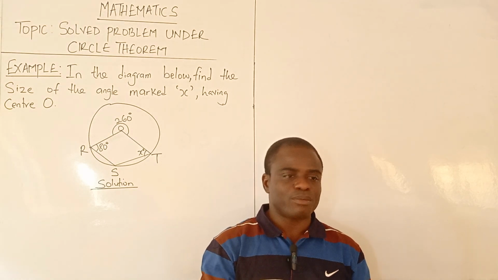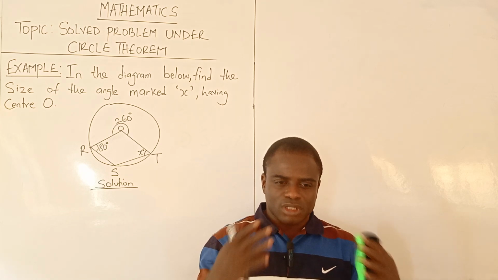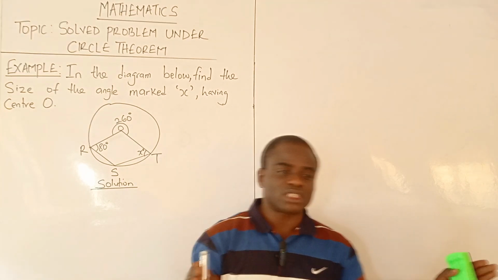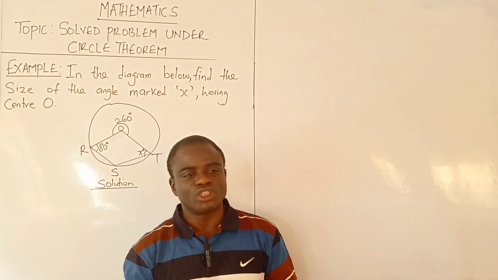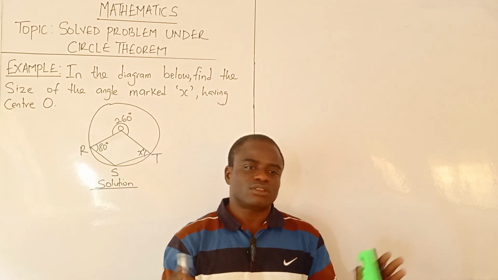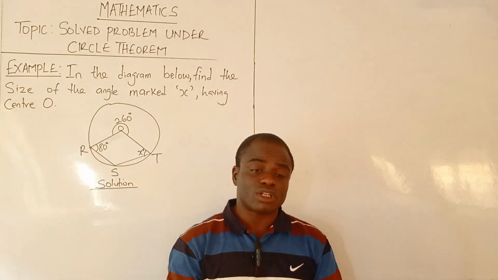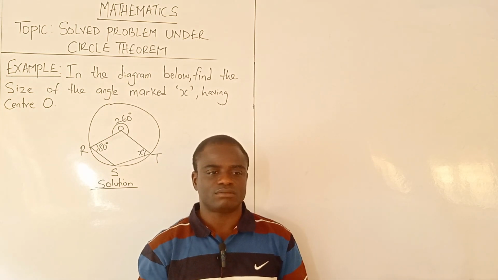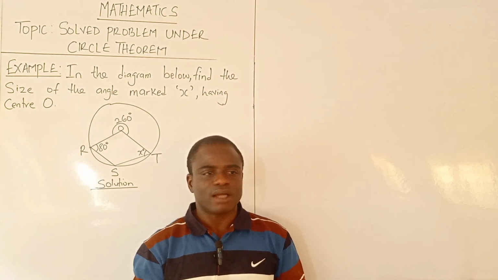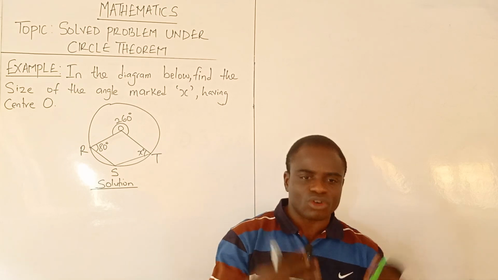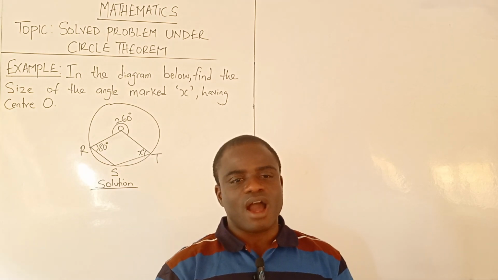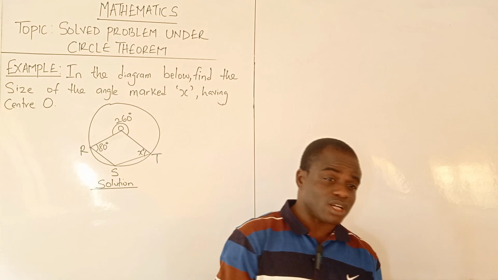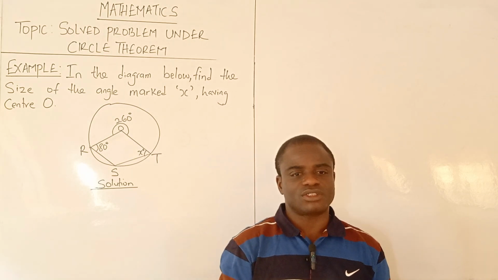And it's a type of specific quadrilateral in which the sum of the opposite angles of the quadrilateral is always equal to 180 degrees. And all cyclic quadrilaterals are quadrilaterals, but not all quadrilaterals are cyclic quadrilaterals.